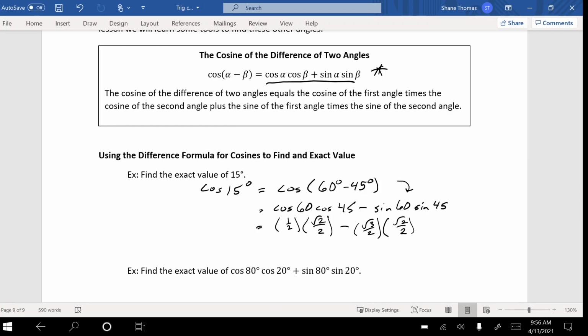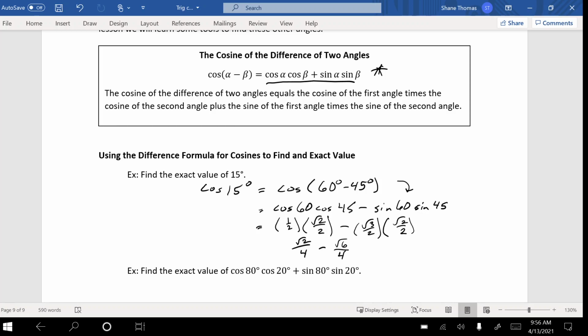All right, so now just simplify. On the left, I have 1 times root 2, which would be root 2. 2 times 2 is 4, plus root 3 times root 2 is root 6. 2 times 2 is 4. It's a common denominator on the bottom. Can I add a root 2 and a root 6 together, though?